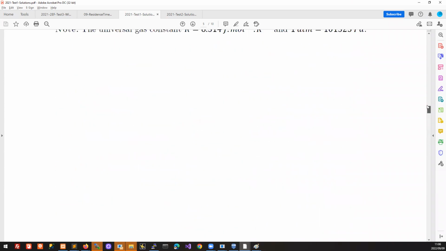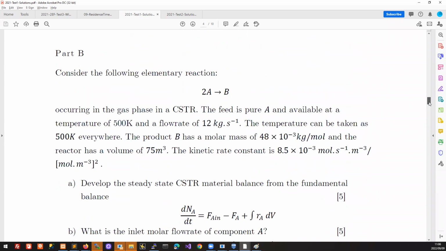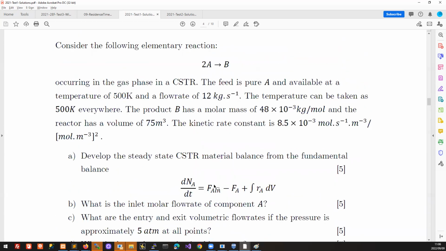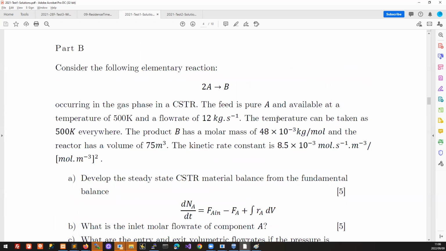I guess I don't work out the numbers right to the end. So that's the molar flow rate of A. And then what are the inlet and exit volumetric flow rates? So we need the density in this case.